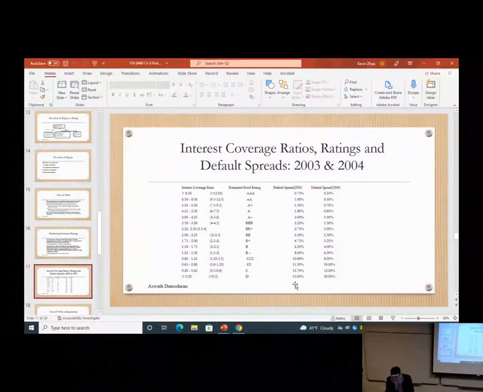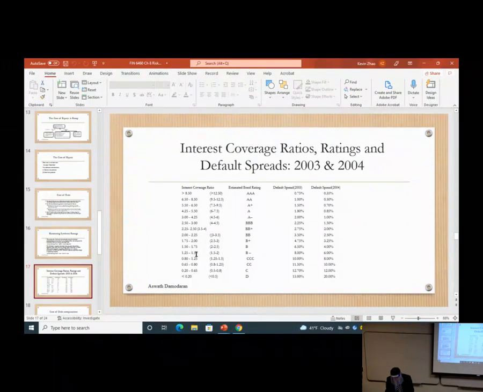Let's say your company has one of the financial ratios, called interest coverage ratio, between 1.2 and 1.5.